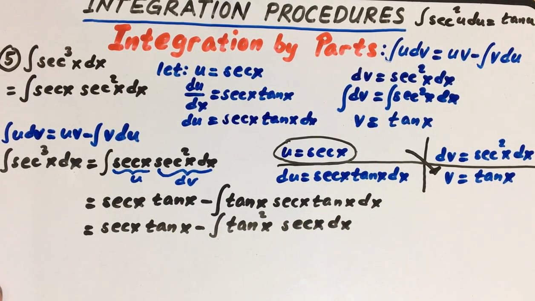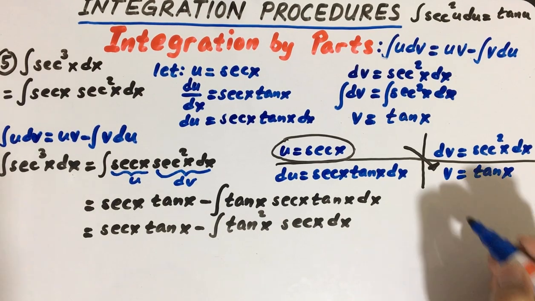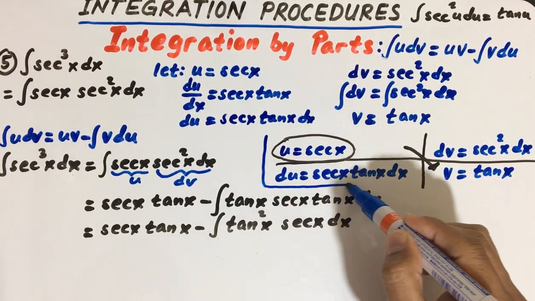Okay, so after that, we have to make use of the trigonometric identities. What is this trigonometric identity? Sorry class, I have to put it here.